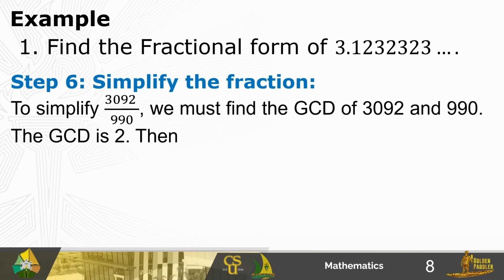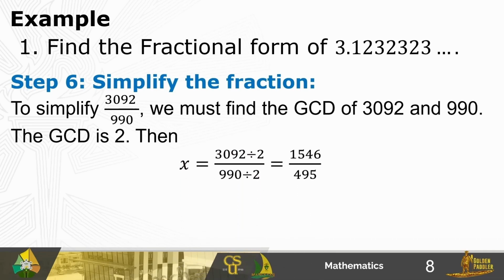From step 5, we simplify 3092 over 990. We must find the greatest common divisor of 3092 and 990, and in this case the GCD is 2.